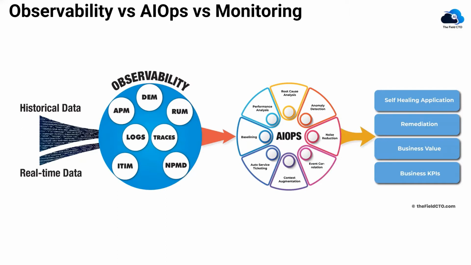So before we get in there, I want to clarify something. There's a lot of confusion and a lot of FUD by vendors on what is observability versus AI ops versus monitoring. I wrote a Forbes article on this topic recently. You can find it posted in Forbes or on my website at thefieldcto.com as well.